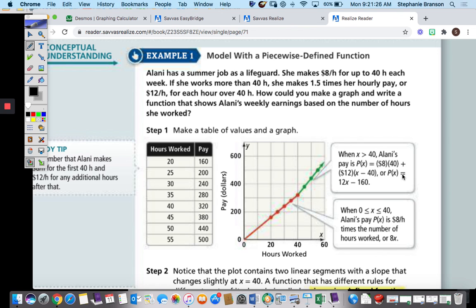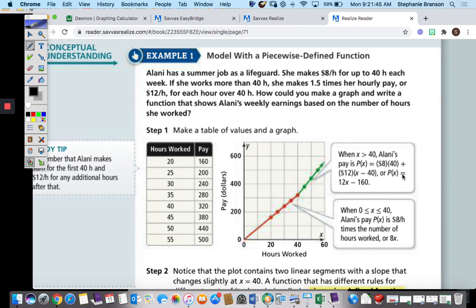Alani has a summer job as a lifeguard. She makes $8 an hour for up to 40 hours each week. If she works more than 40 hours, she makes 1.5 times her hourly pay, or $12 an hour for each hour over 40. How could you make a graph and write the function that shows Alani's weekly earnings based on the number of hours she worked?